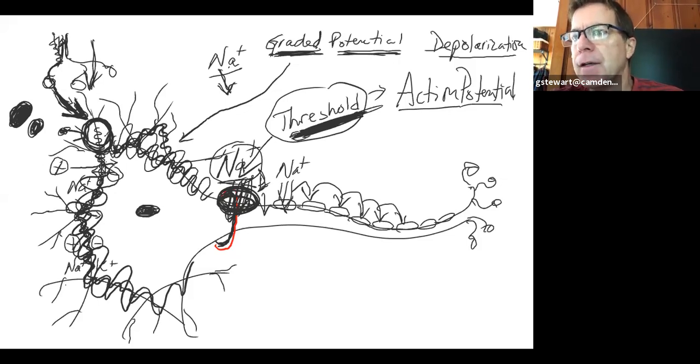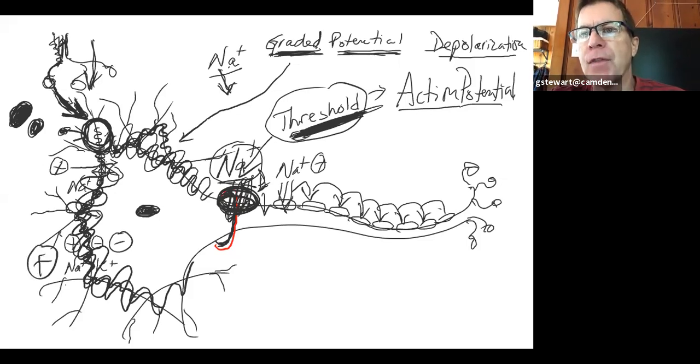What that does is it causes the flipping of membrane charge from positive out. We started with positive outside and negative inside all the way around the cell. Once these sodium dams open up and sodium gushes into the cell, we flip the membrane charge to positive in and negative out all the way down the cell.